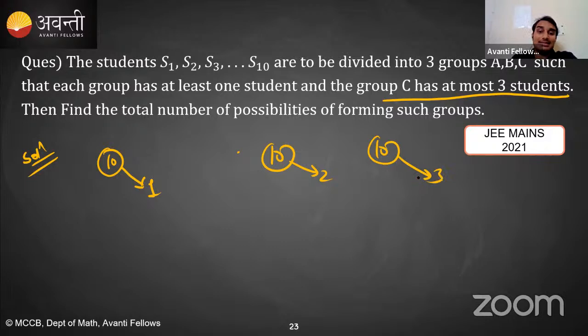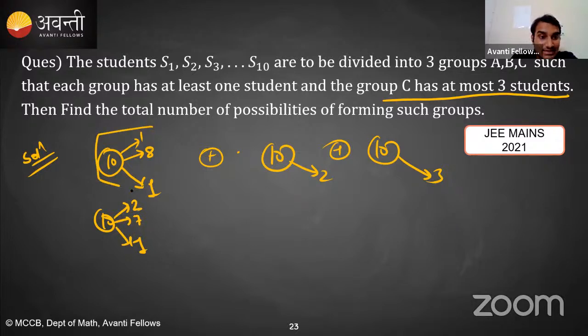right? But this is not the end, and then you have to further divide them. Let's say now the rest of the 9 students को कैसे बांटोगे? ग्रुप ए में 1 स्टूडेंट, ग्रुप बी में 8, then like this, group A should have 2 students, group B में 7, group C still has 1. So within this case there are so many groups, yes or no, right? एक और क्या हो जाएगा?